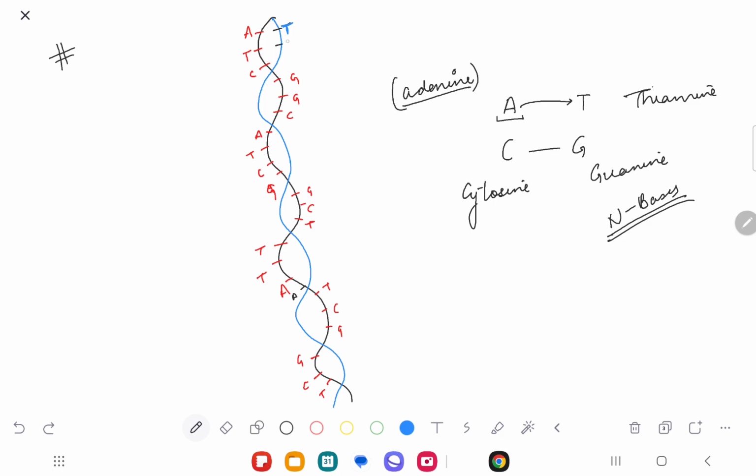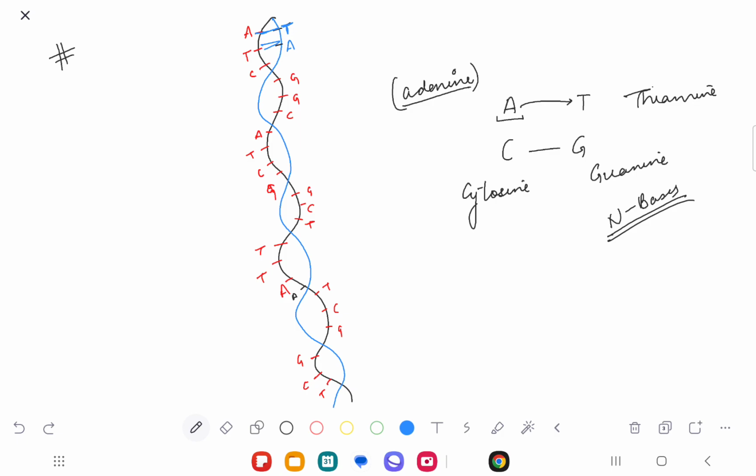Right in front of T we will always have adenine. So thereby they are able to join, and when they're able to join, the strands are able to hold together. Any doubts in this? No. Got it.